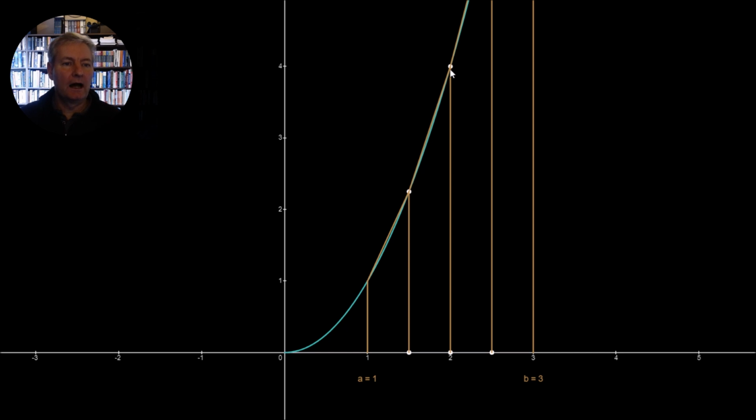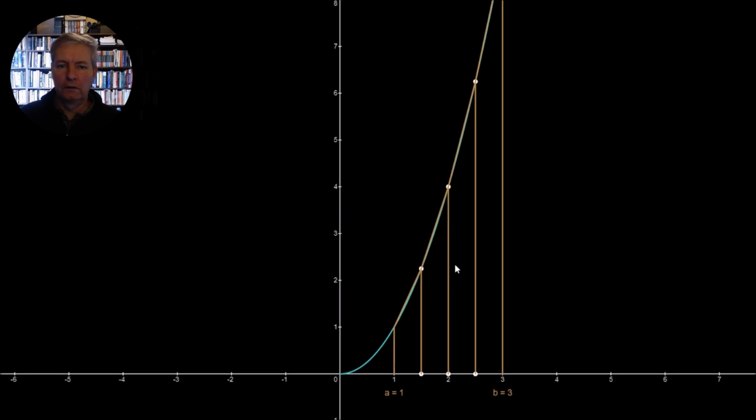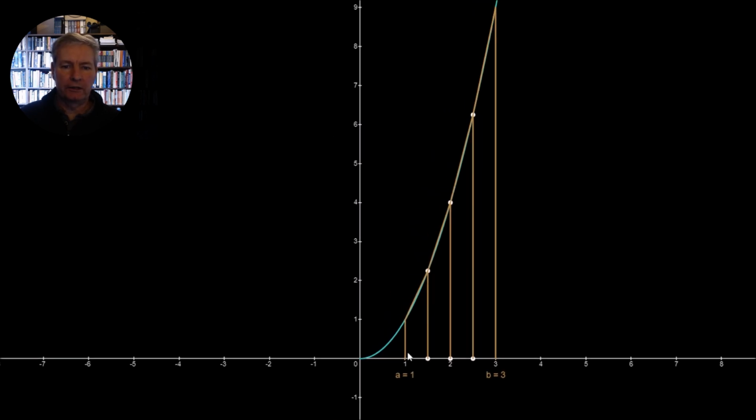So that is, we take the average of each of the heights. So if we multiply the average of each of the heights by this length here, we will get the area of this little trapezoid. And we're going to add these trapezoids together in order to get the final area underneath our function y is equal to x squared from 1 to 3.